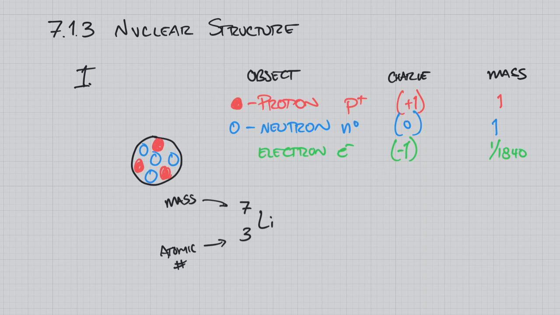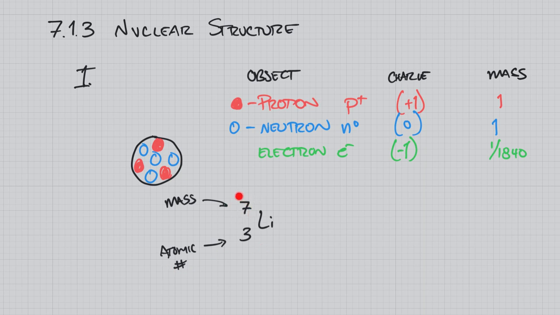An electron is outside of a nucleus, obviously. It has a -1 charge, and it has a mass of roughly 1 over 1840. Now, when we look at elements, elements have two main numbers associated with them. If this is lithium, it has 7 and 3. 3 is the atomic number, and that tells me the number of protons. 7 is the atomic mass.